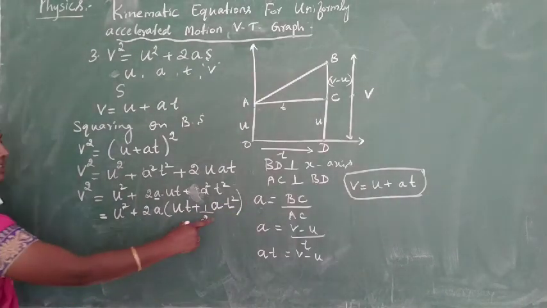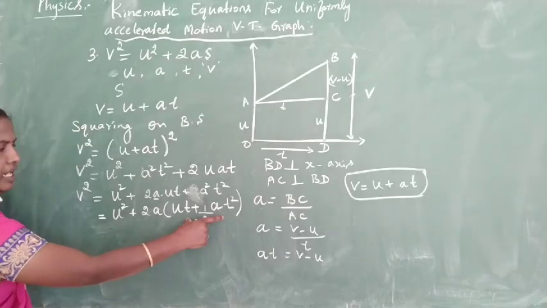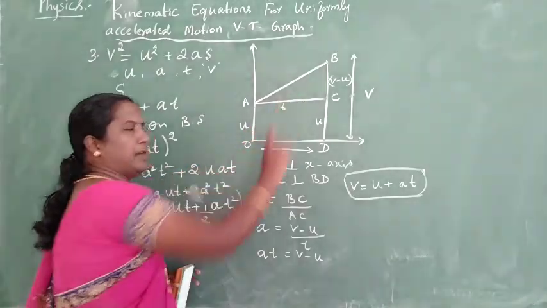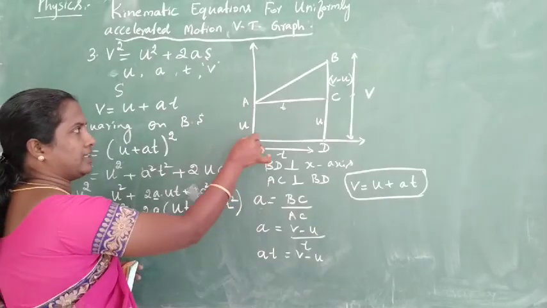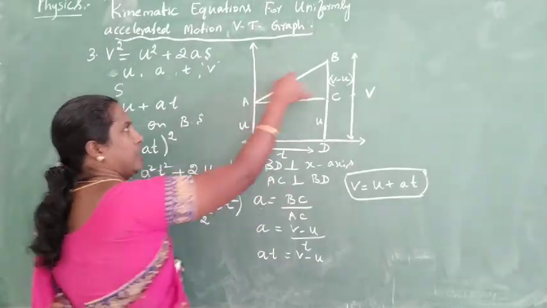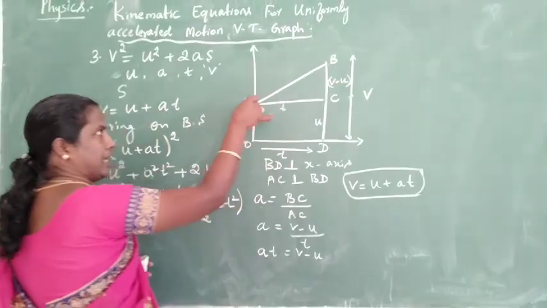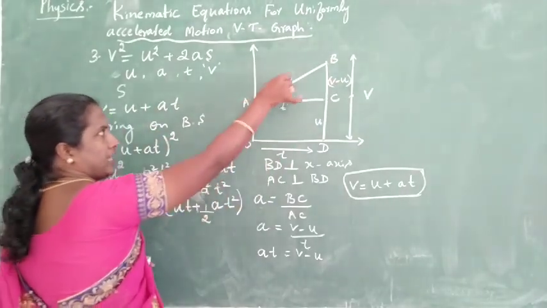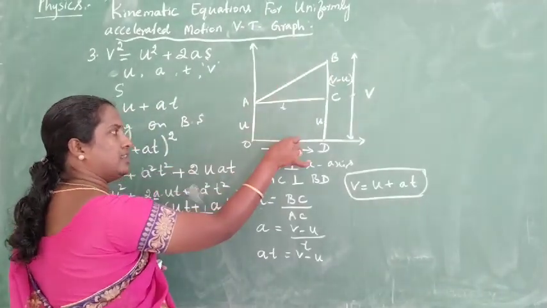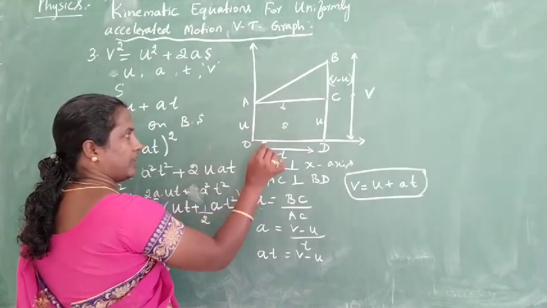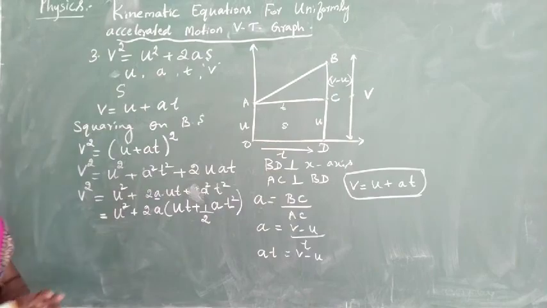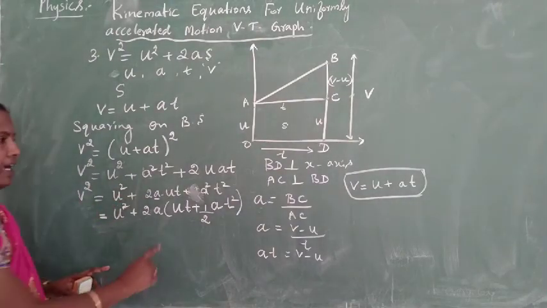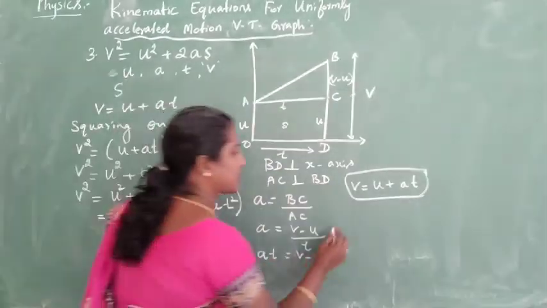Why do we need this term? We already derived the displacement made in this graph. The displacement is the area under the velocity-time graph, the slope line AB. The area under this will give the displacement S. We know that OACD plus triangle ABC, if we add them, we get the formula, and we derived the second equation using this condition.